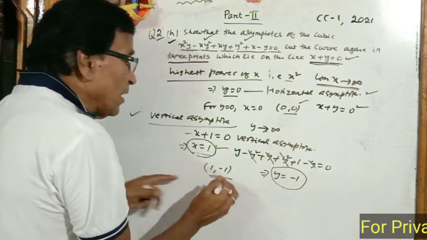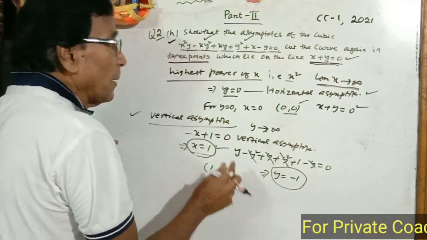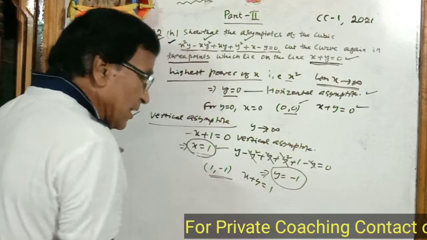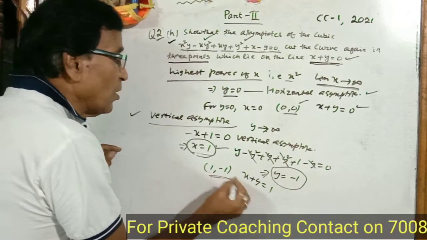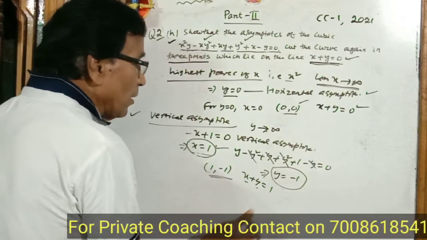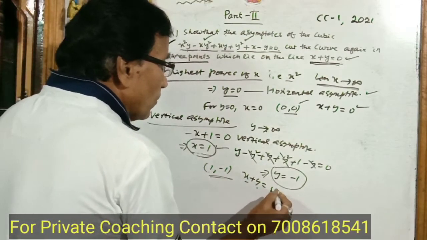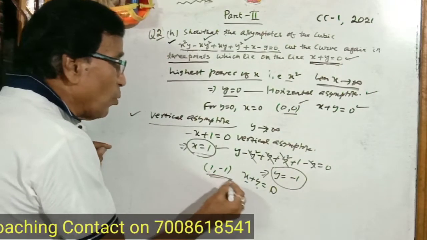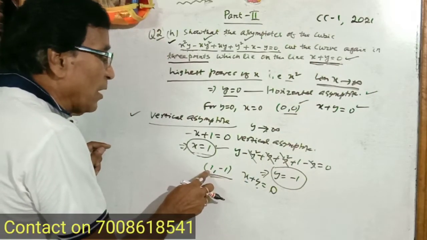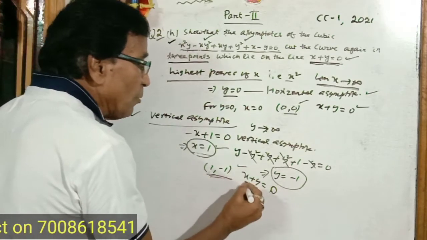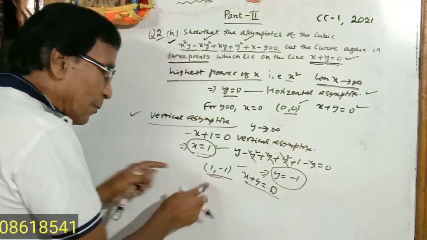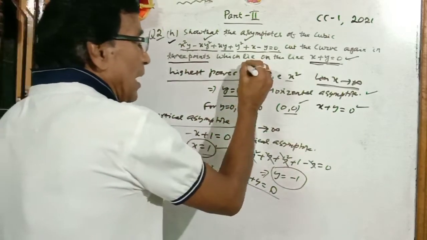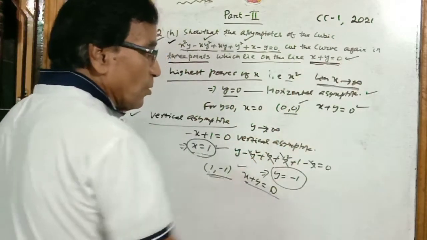Now, whether this point of intersection is lying on the line x plus y is equal to 0? Yes, it is lying, because for x is equal to 1 and y is equal to minus 1, x plus y is equal to 0. The line equation is x plus y is equal to 0. Since the coordinates of this point 1, minus 1 satisfy the equation of the line, that means the point of intersection 1, minus 1 lies on the line x plus y is equal to 0.